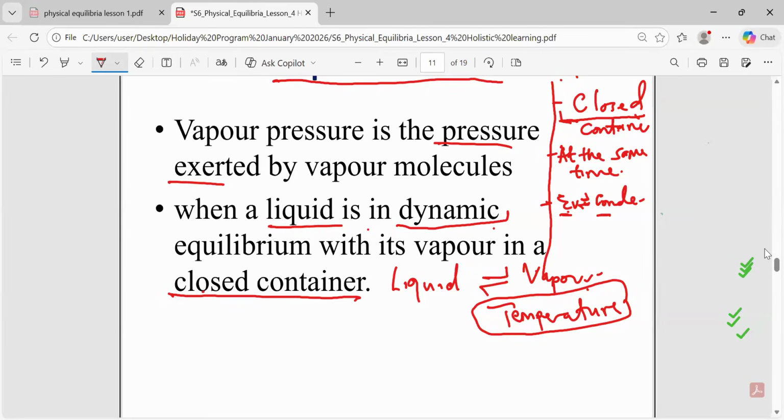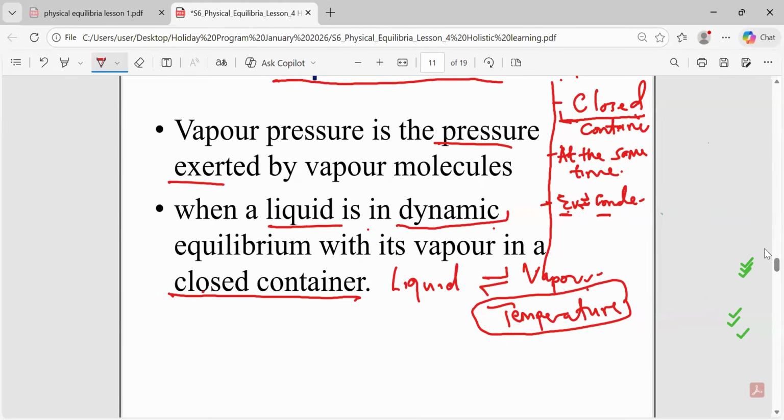And if they can easily be broken, meaning the ability of this substance to change into vapor molecules becomes high, and if it is high, then at the end of it all, our vapor pressure becomes high.